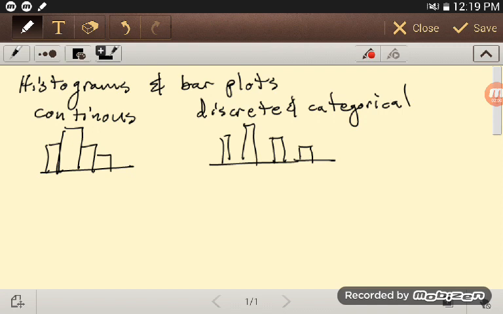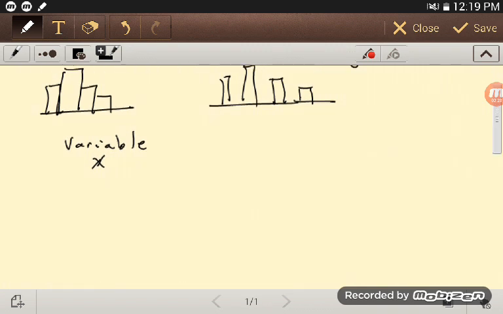So now what are we doing? What we want to do is simply look at some variable and its different levels or values. I'll just call it x, some variable, and that's what we'll usually think of as a random variable, and it will have different levels.